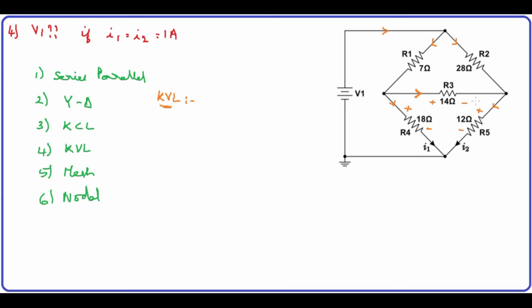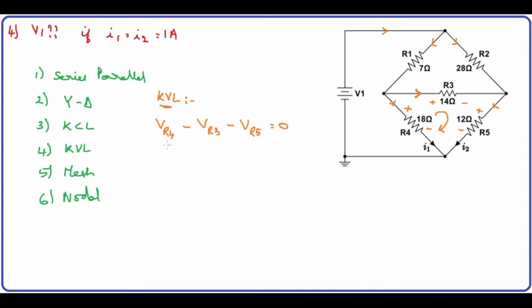So how can we go ahead? I am starting from R4 and I am moving in this direction. The voltage across R4, I am touching positive here, so minus voltage across R3, again I am touching positive here, so minus voltage across R5 is equal to 0.